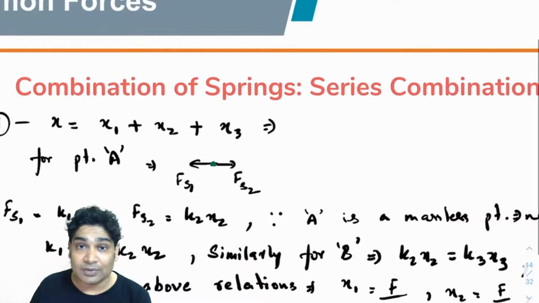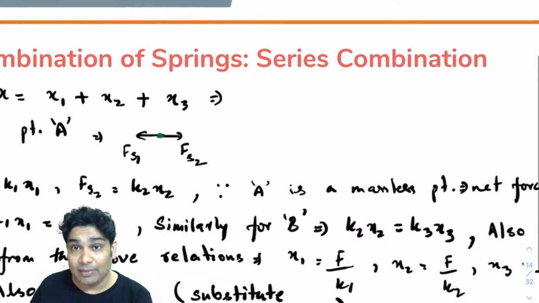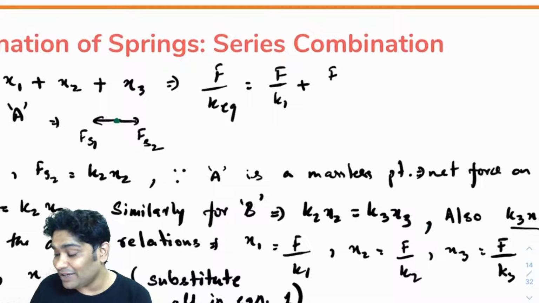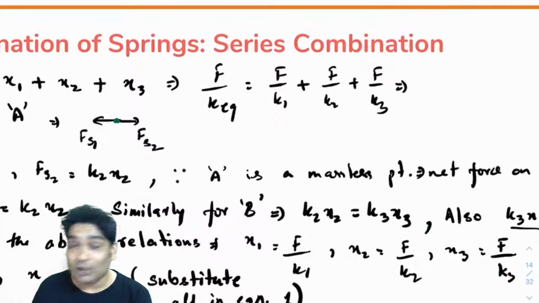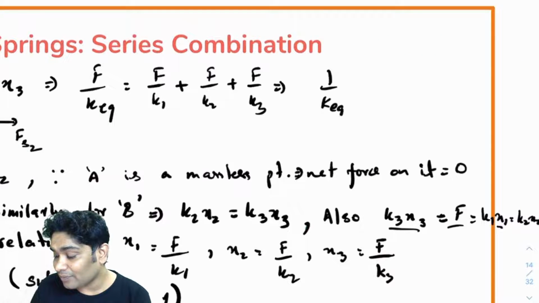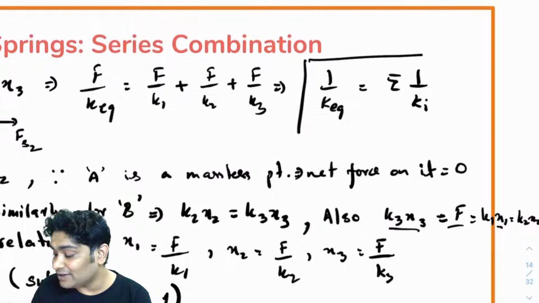When you start substituting, x can be written as F over K equivalent. This should be equal to x1, which is F over K1, plus x2, which is F over K2, plus x3, which is F over K3. You realize all the F's will get cancelled, and 1 over K equivalent would be the summation of 1 over Ki. All right, this is the final result.